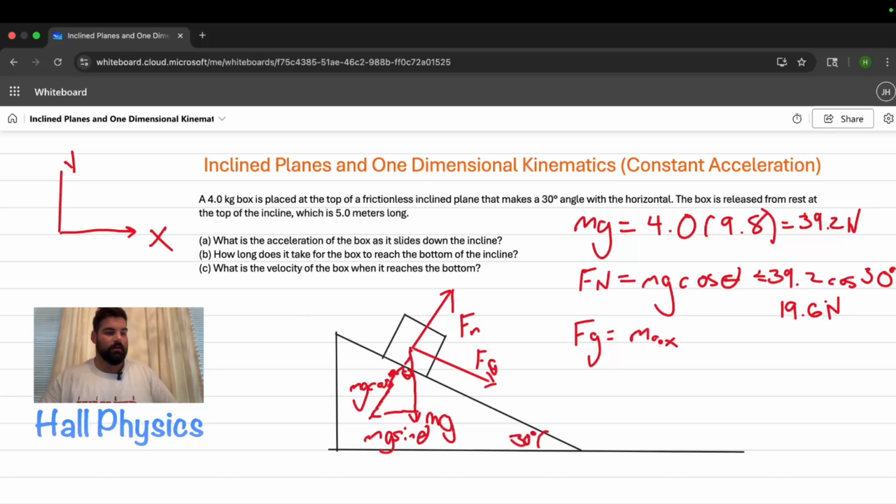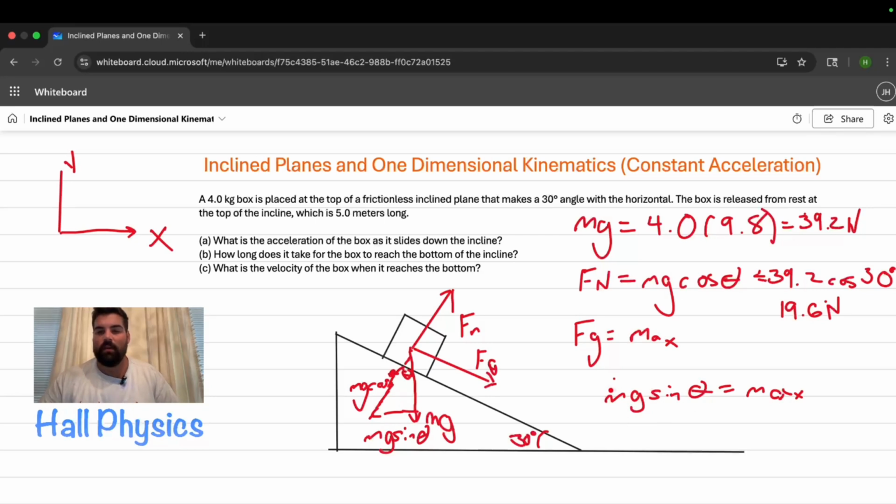Okay. Well, F of g is equal to mg sine theta. So we can rewrite this as mg sine theta is equal to max, or our net force in the x direction.